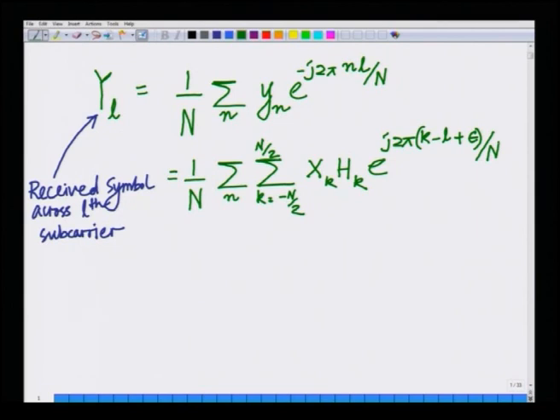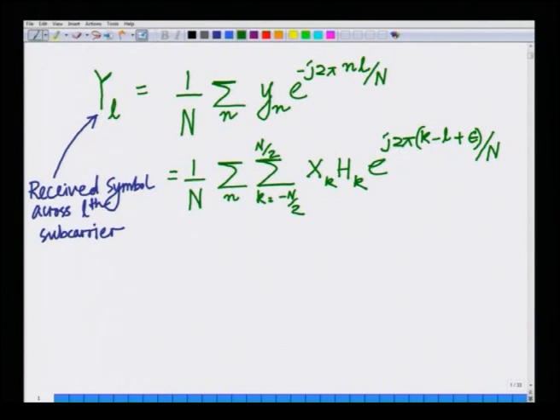That is, I am simply substituting the earlier expression that we had for the nth sample y n in this expression, plus the noise part, which is plus summation over n w n e power minus j 2 pi n l over n.